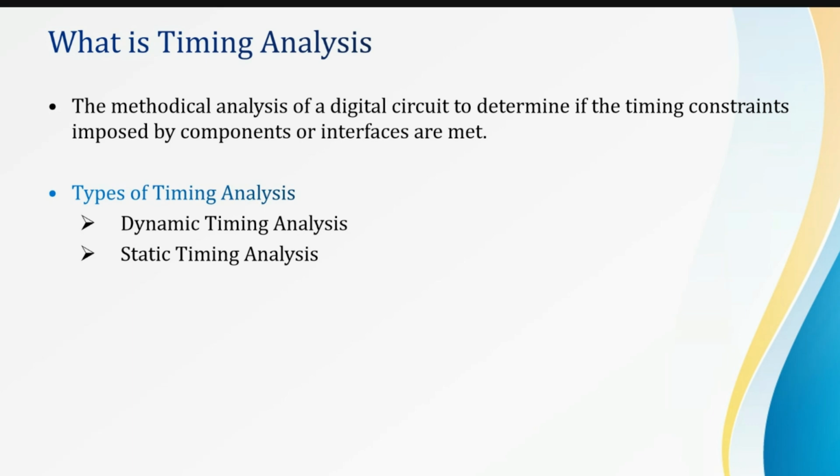Since it is not checking any functionality of the circuits, it won't take much time. It will be easier and faster. Whereas dynamic checks both functionality as well as timing, so it takes more time. Since it has to check the functionality, it needs other vectors, another kind of inputs.